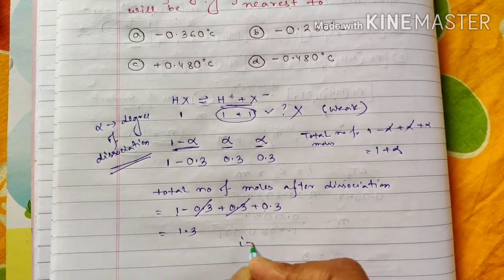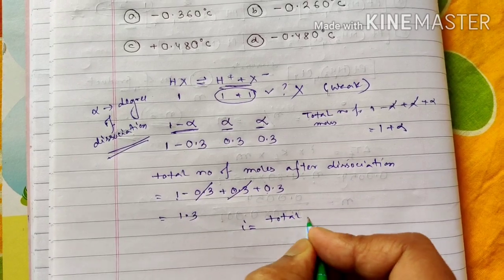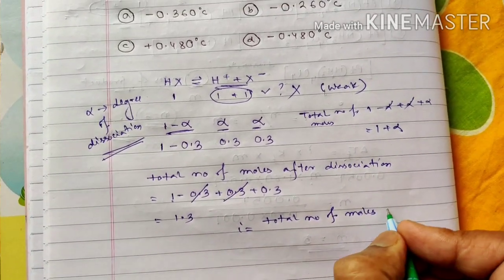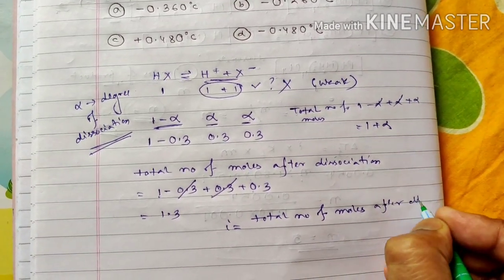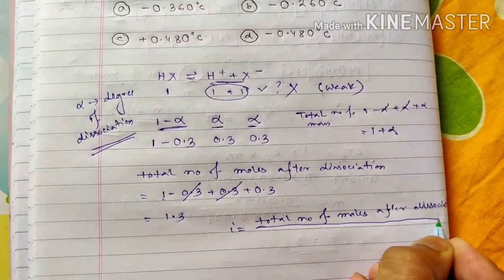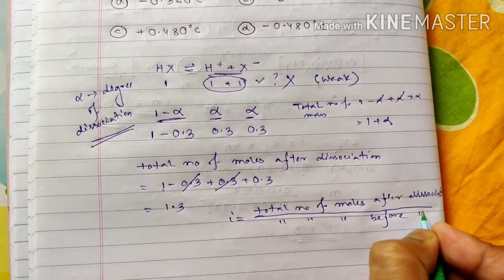Now the i value is the total number of moles after dissociation divided by the total number of moles before dissociation.